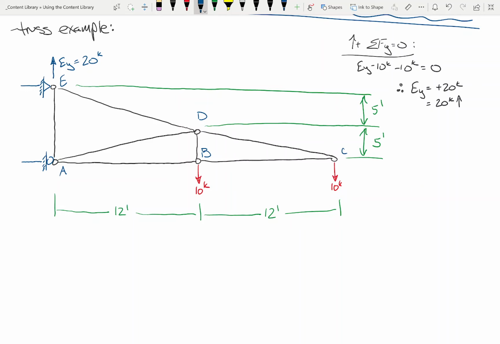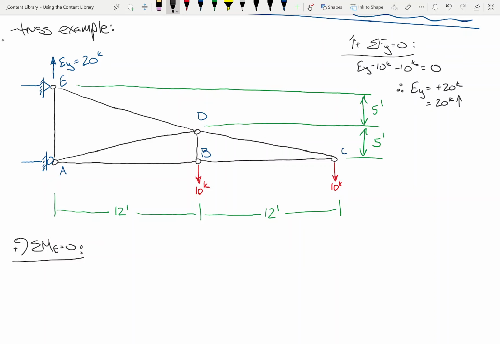Let's sum moments, okay? Now what I'm going to do is sum moments at E so that I don't have to deal with all this and just solve for the reaction today. It doesn't really matter. We're going to sum moments at E. So let's deal with the forces that I know.